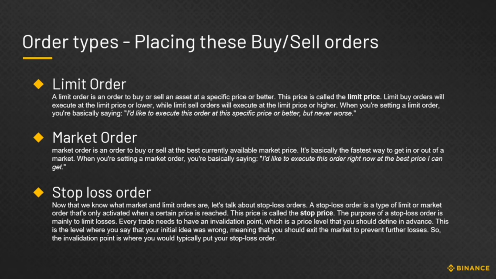When you want to avoid such kind of losses, you can set a stop loss order to say, okay, when the value of this coin drops to, let's say, $20, sell this coin for me at, let's say, $19.